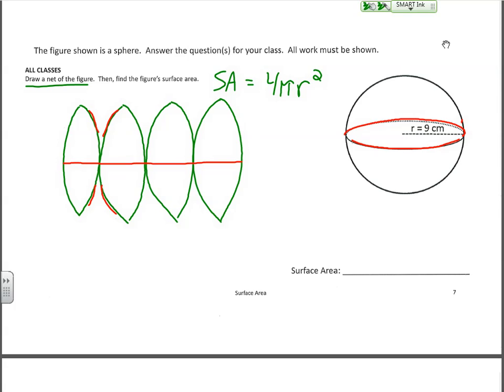Those have a lot of pieces to them. 4 pi r squared doesn't seem that bad. And if you look for the connection with circles, our formula for the area of a circle is pi r squared. The surface area of a sphere with the same radius is just 4 times as great. I find that interesting. Okay, so 4 pi r squared is the formula for the surface area of a sphere. That calculation can go down there.